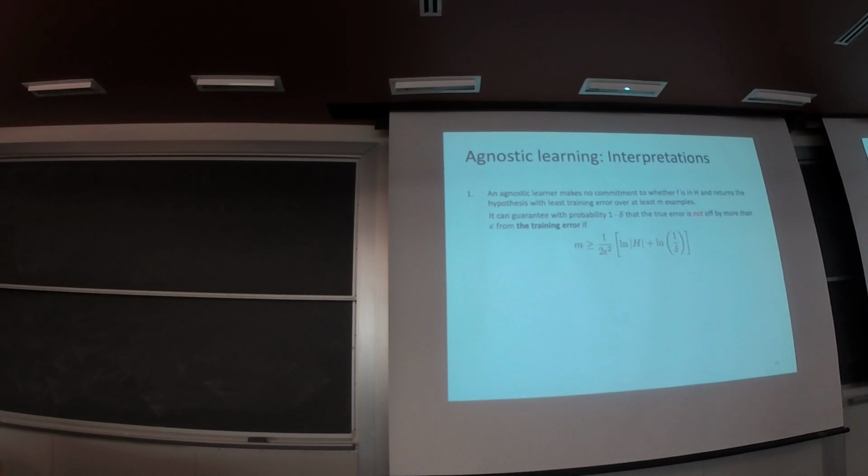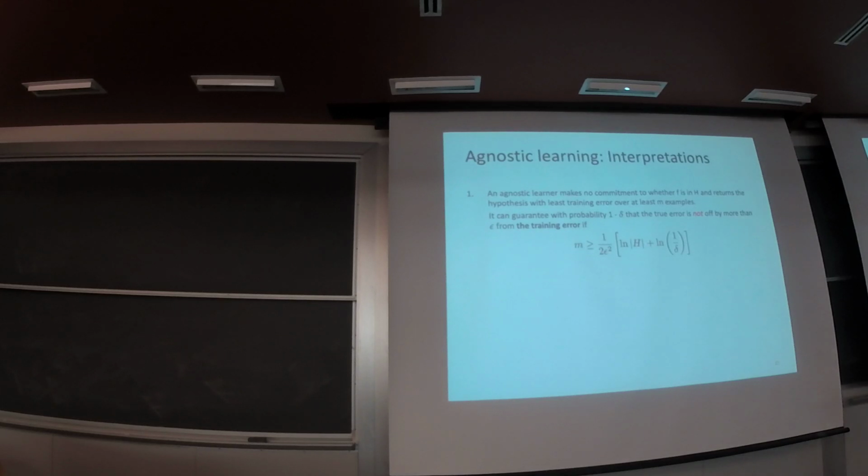But we can claim it can guarantee with high probability, 1 minus delta, that the true error is not off by more than epsilon from the training error. Remember, this is talking about the difference between the true error and the training error, if the number of training examples is bigger than this bound. That's how we say something about agnostic learning.